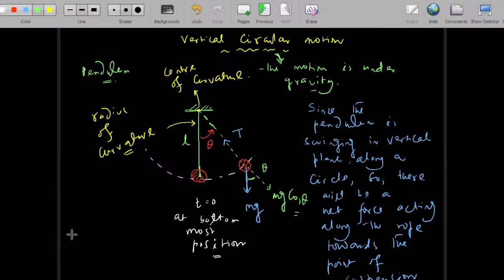So here I'm writing net force along the rope towards O, if this is point O, is equal to, you check, T minus mg cos theta. Is it okay?